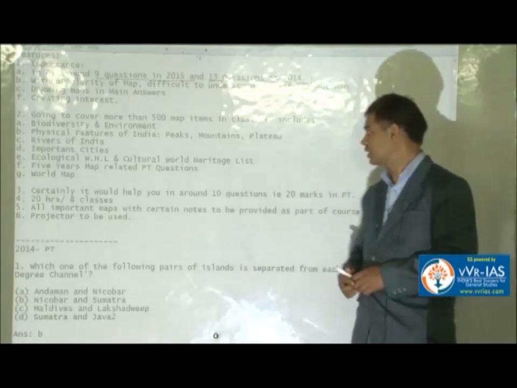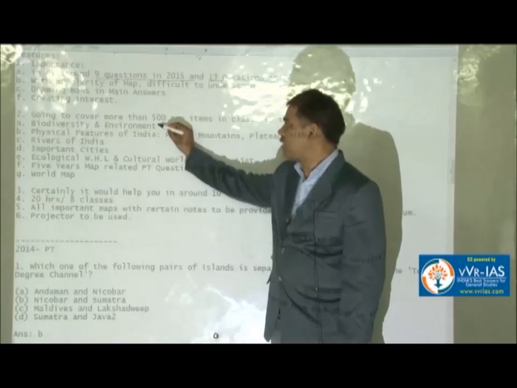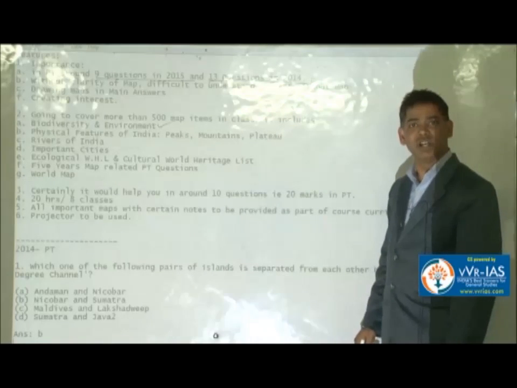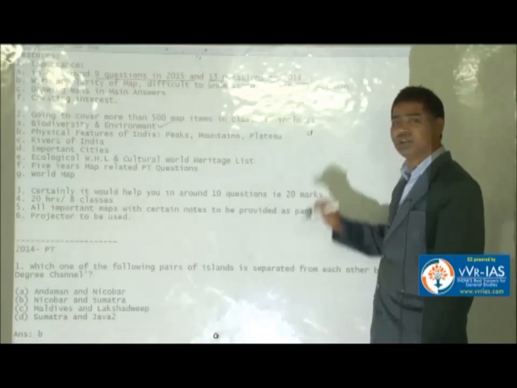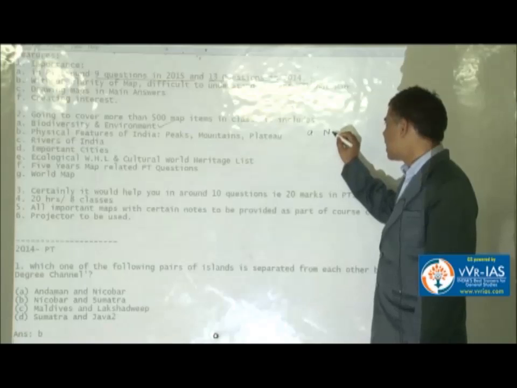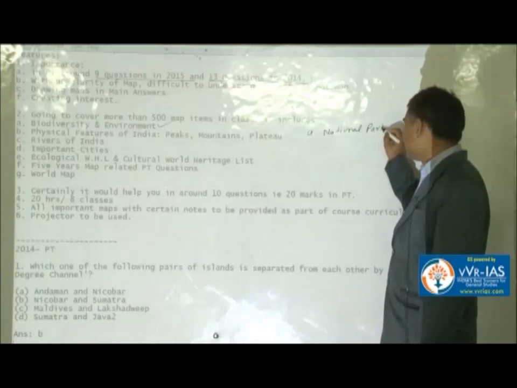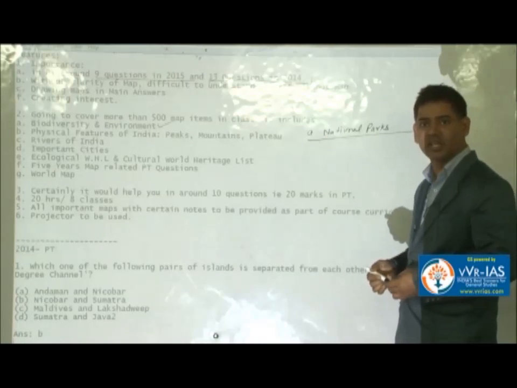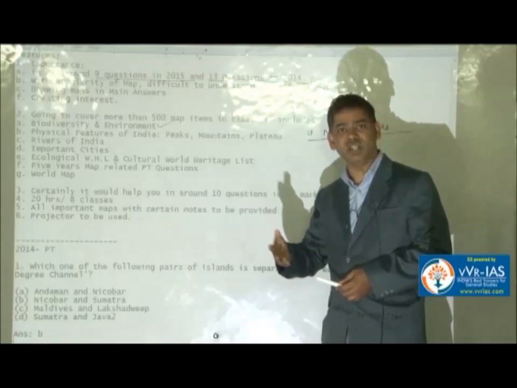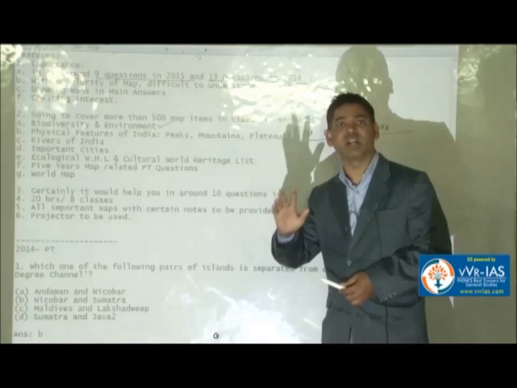Number 1 point: we are going to cover the biodiversity and environment related maps. In biodiversity and environment, the first item to be covered is the National Parks of India. If I ask how many national parks there are in India, you can easily guess it may be 120 or 130, and that is correct also.